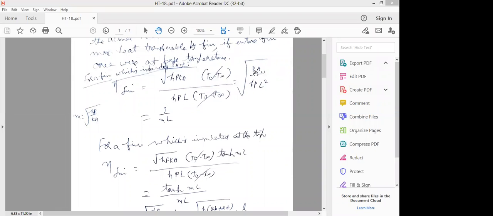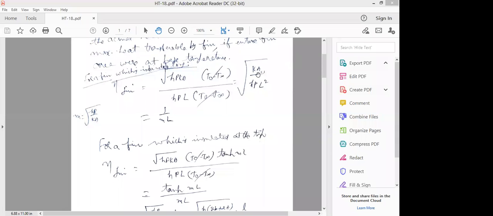K is the thermal conductivity of the fin material, A is cross sectional area, h is convective heat transfer coefficient, and P is perimeter. L is the length of the fin. But what is m? Root hP by KA.